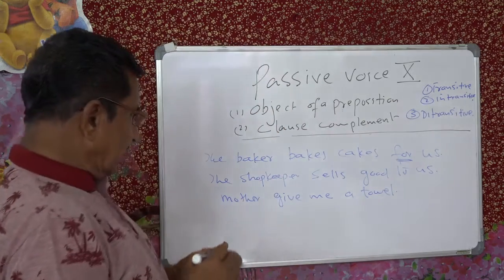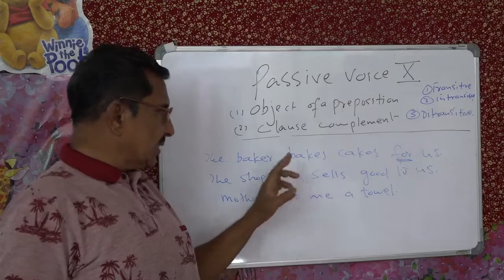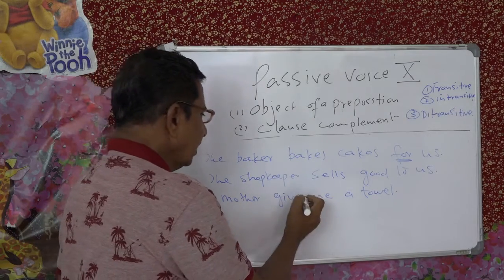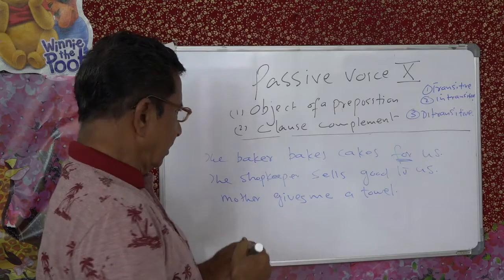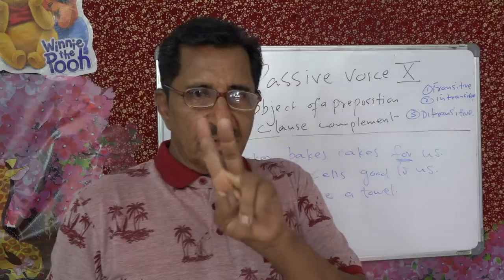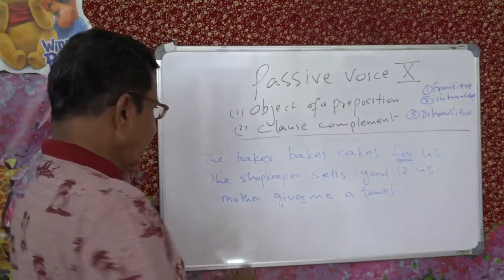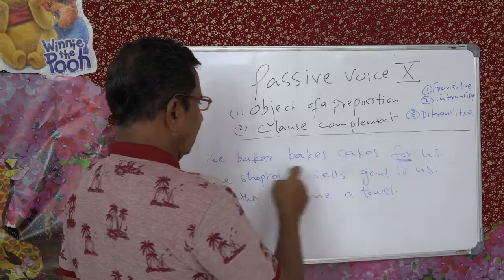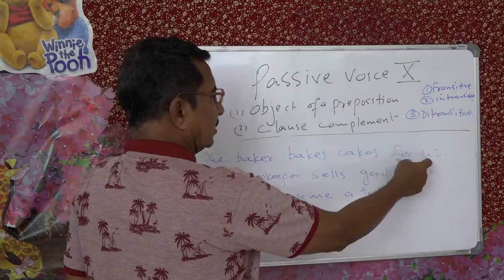So you have got bakes, sells, gives. Mother gives. Now, all three verbs are ditransitive verbs. Means there are two objects. You can see now, the baker bakes what? Cakes. For whom? For us.